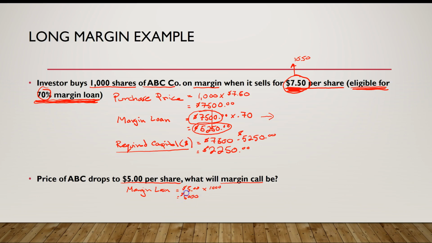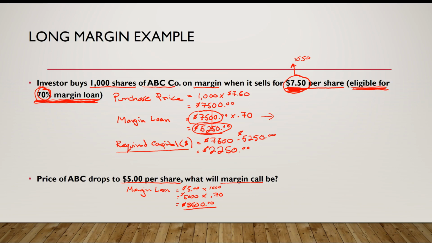That's really the value of the collateral that I have now, multiplied by the margin loan amount, which is not going to change in our example here. This is going to be 70%, so I can multiply this by 0.70, and this is going to give me a new margin loan today that's worth $3,500. So it's good. I still have a decent margin loan, but you can see that my original loan was $5,250. Now the broker dealer is only willing to lend me $3,500.